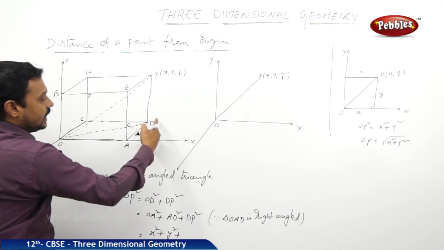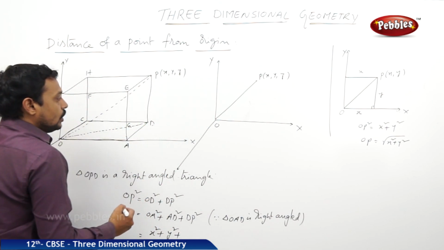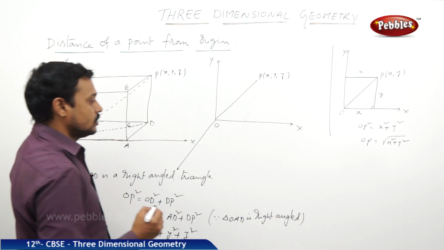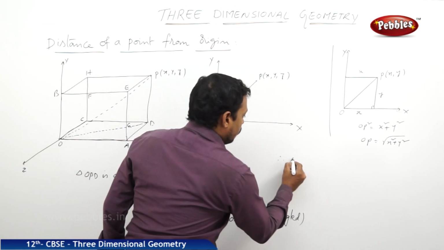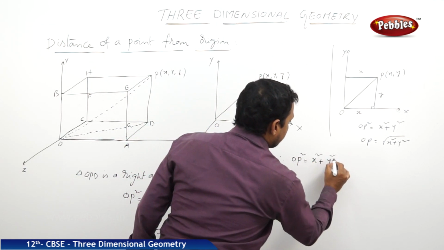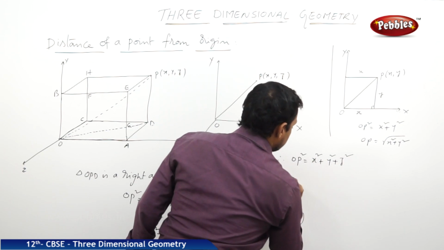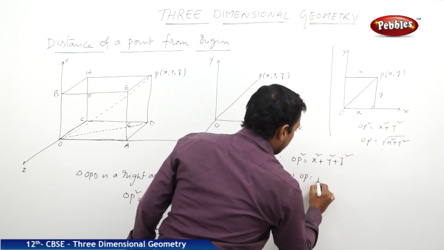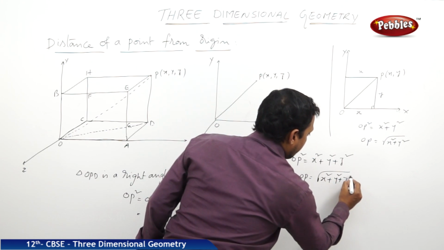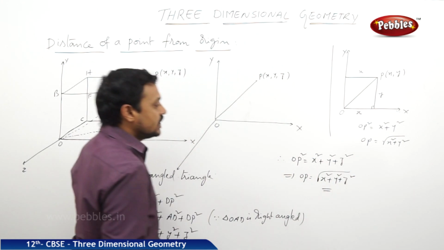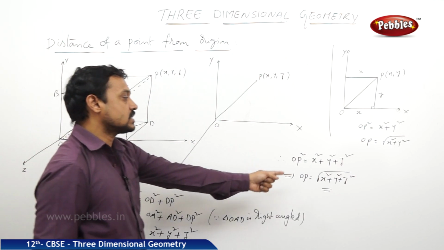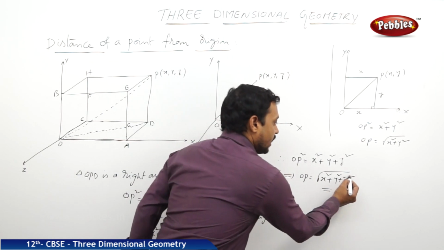So that directly DP is equal to z, hence DP square is equal to z square. Therefore, OP square is equal to x square plus y square plus z square. This implies OP is equal to root of x square plus y square plus z square. So the distance of a point from origin is root of x square plus y square plus z square.